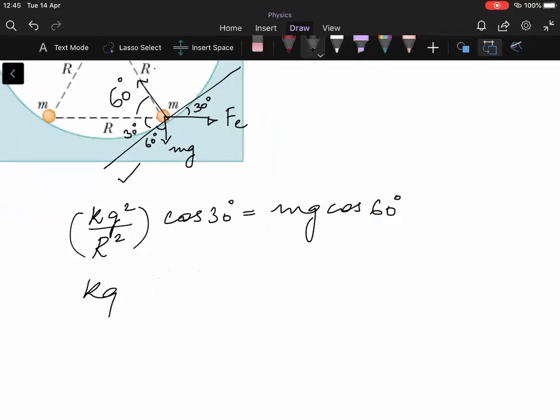k q square by r square cos 30, which is root 3 by 2, is equal to mg half. Half and half is... now you are supposed to find out the value of q.